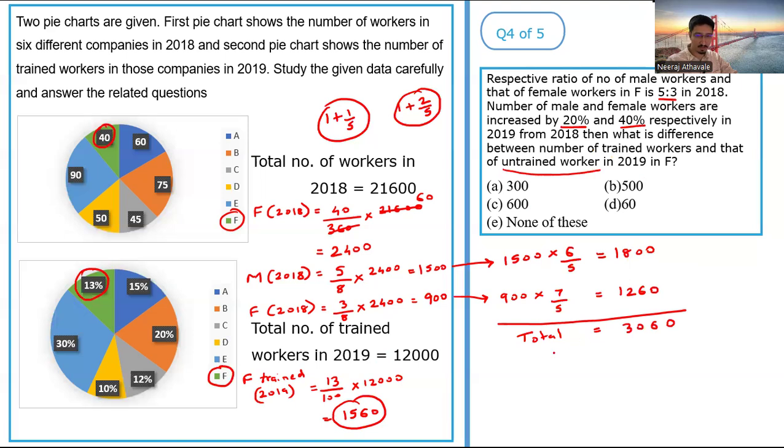How many untrained workers are there? So untrained workers will be 3060 minus 1560. So it comes out to be 1500. So untrained workers are 1500. Trained workers are 1560 in 2019 for company F. The question asked is what is the difference? So 1560 minus 1500, we get the difference as 60. So that will be our answer.